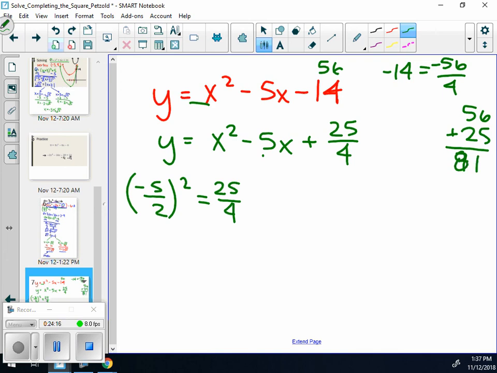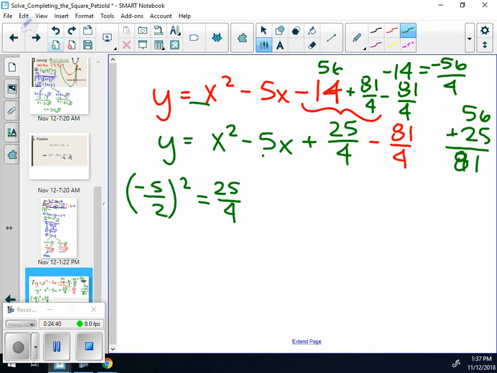Okay, so we have 81. So here that means we need to add 81 over 4 and then subtract 81 over 4. I know that these are ugly numbers. You can do it. We have 25 over 4 from this part right here, and then we have this minus 81 over 4 that we're just going to leave over there.